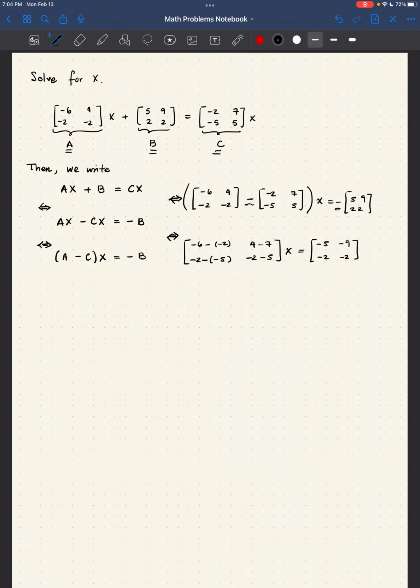The matrix on the right side. Well, once we have this, we can now rewrite it as a much simpler matrix equation, the one that looks like this: negative 4, negative 3, 3, negative 7 times X is equal to negative 5, negative 9, negative 2, negative 2.